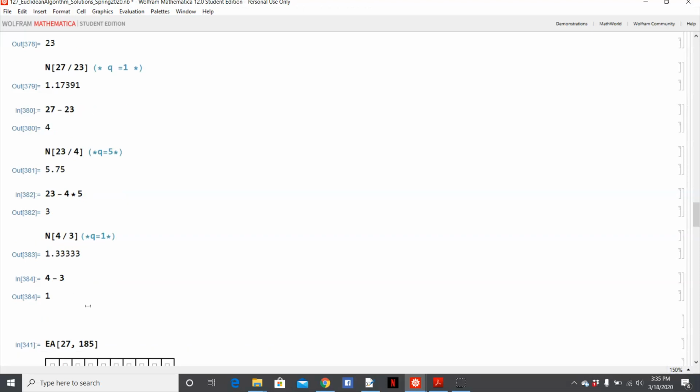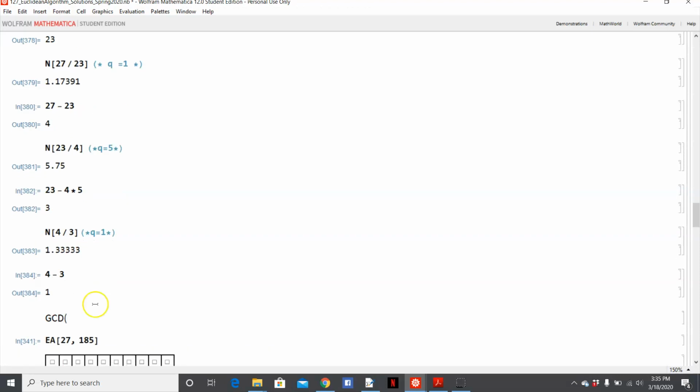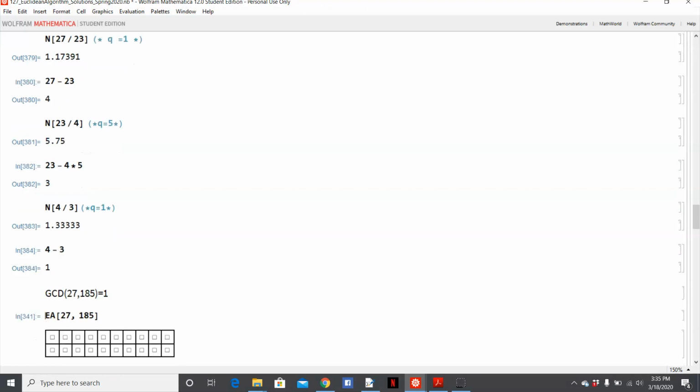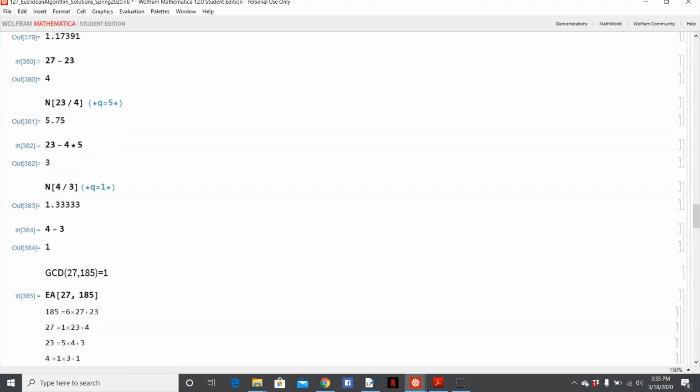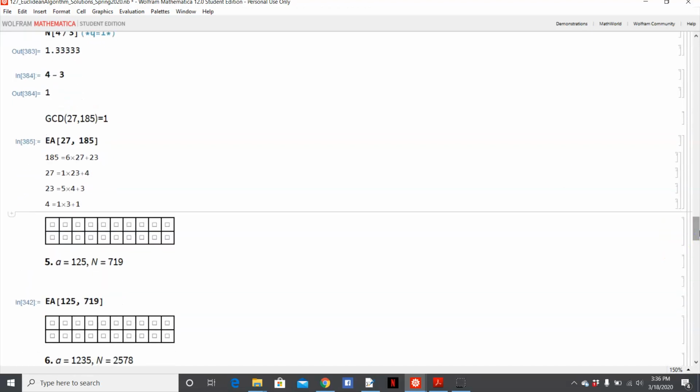So the GCD of 27 and 185 is 1. Again, just to make it a little neater to look at, it's that same pattern of quotients and remainders.